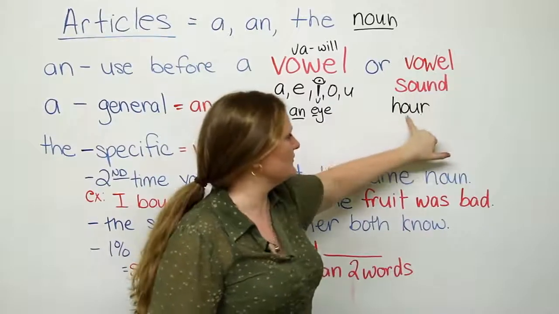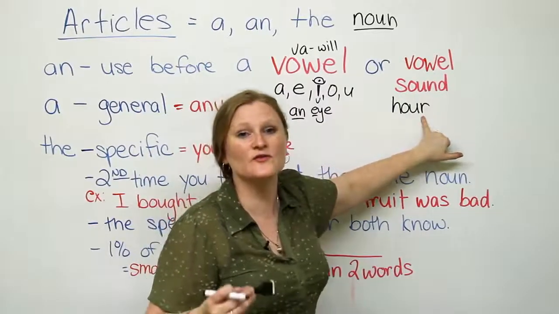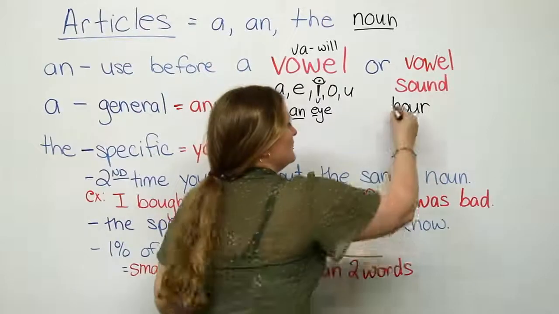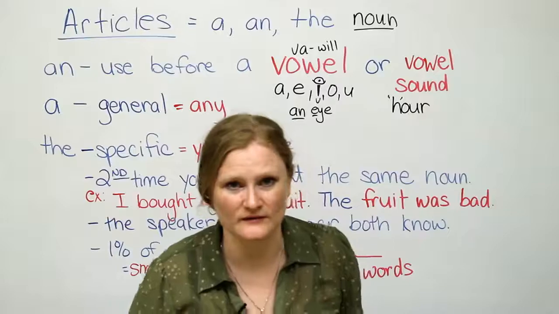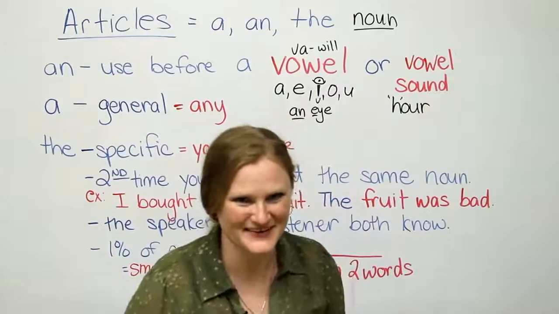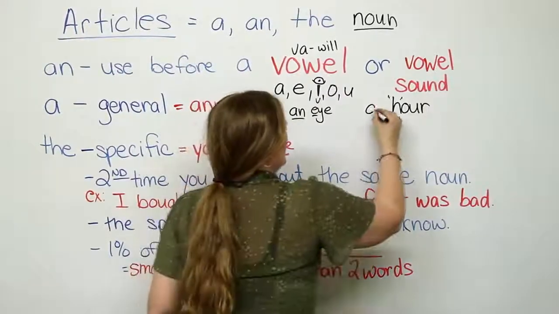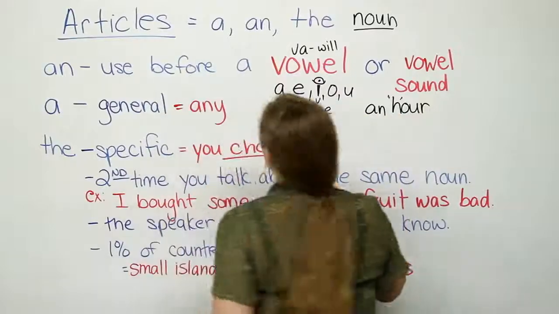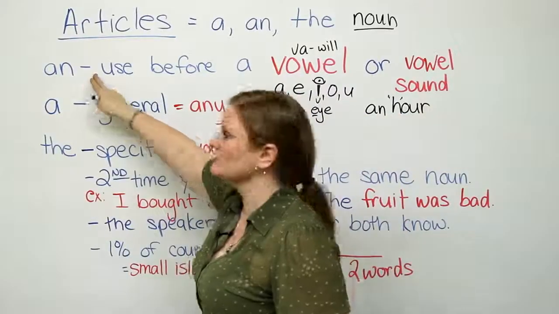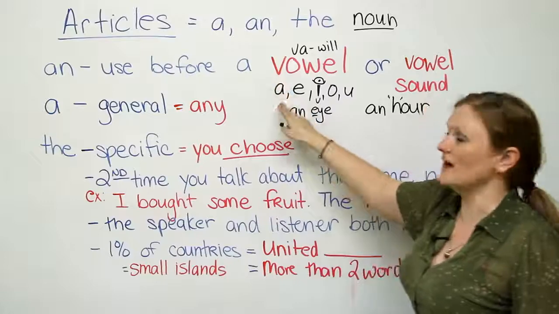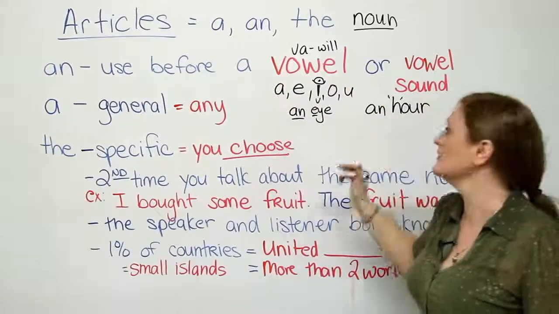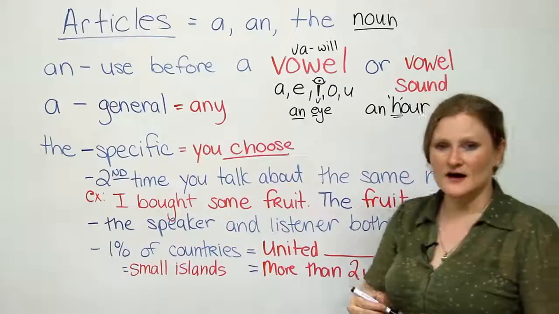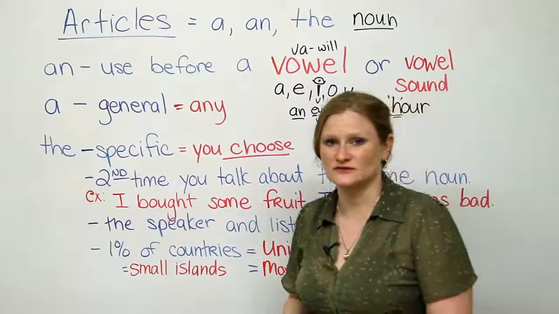So, because this word hour sounds like a vowel, because the H is silent, we have to say an hour. Okay, you got it? You with me? An hour. So, an, we use before a vowel or before a vowel sound, usually a noun that begins with an H.